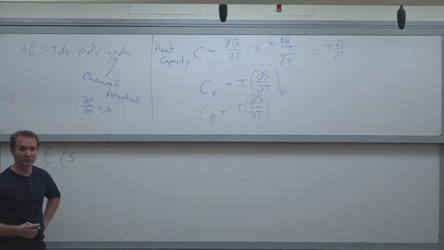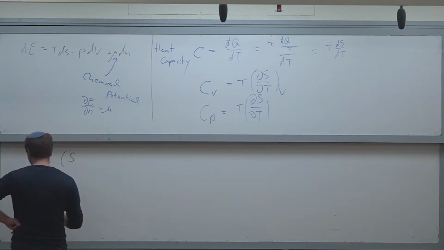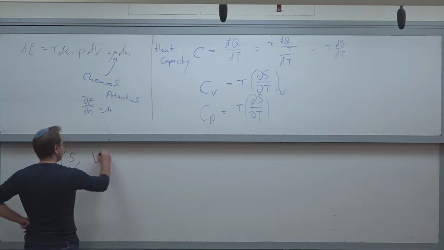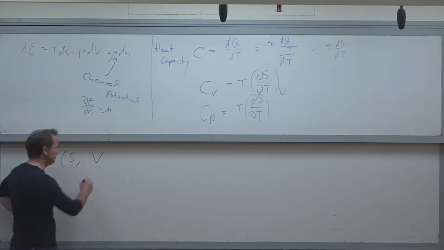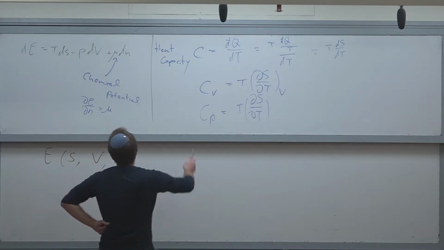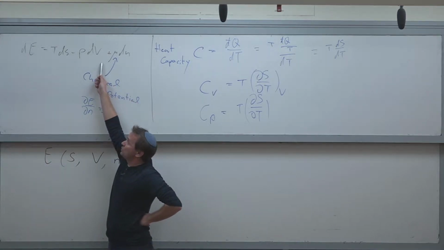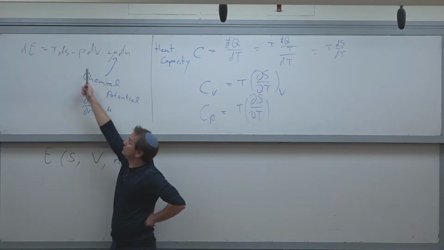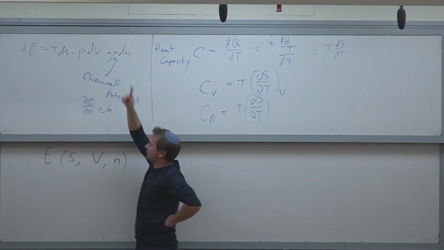It describes the equilibrium state of the system. It was a function of S, the volume and the molar number. We can go back to this equation over here and see what variables E depends on. So it's S, V, and N.